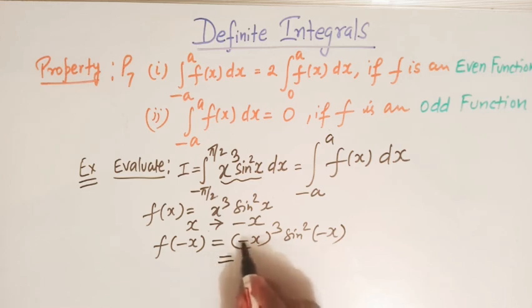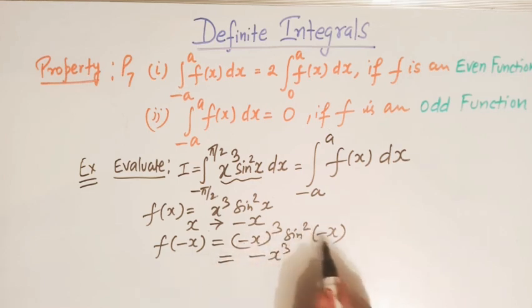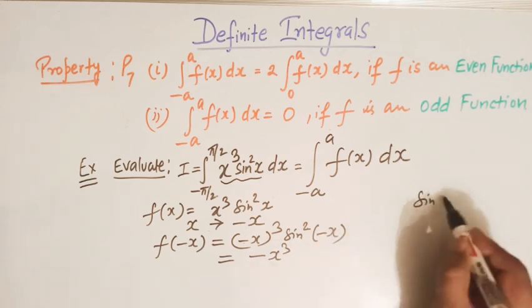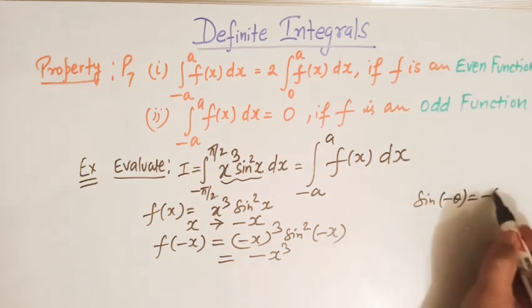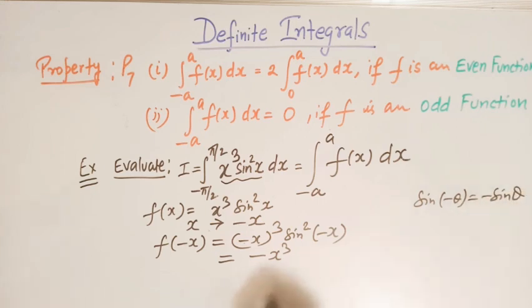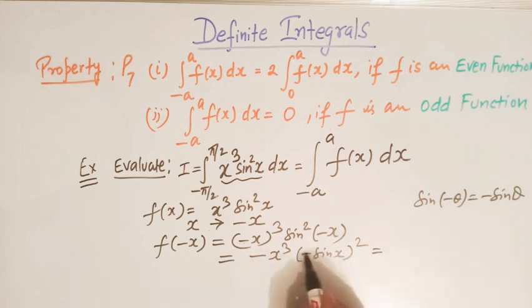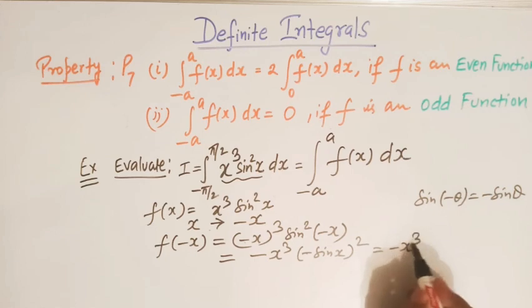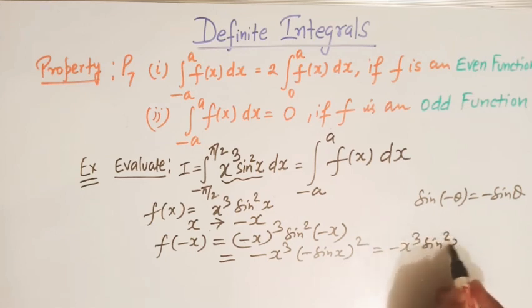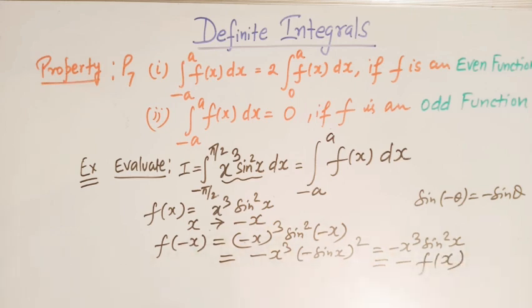Now minus x cube is minus x cube, and sine square, because we know that sine of minus theta is minus of sine theta, so we have minus of sine x square. So this is minus square is plus, so we have minus x cube sine square x, which is equal to minus of f of x.